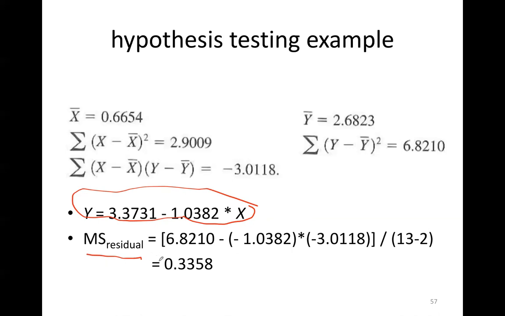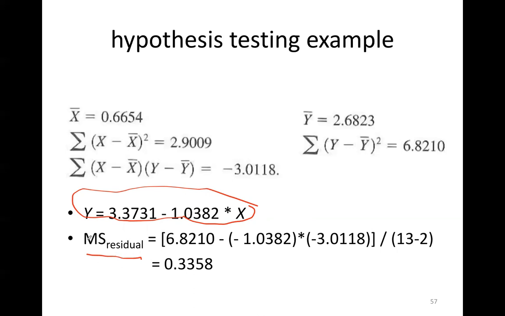If all the data are on the regression line, residual mean squares will be 0, right? If all the data are on the line, then the predicted values and observed values are the same. The residuals are 0, so residual mean squares will be 0. The larger the residual mean squares, the worse the data fit the regression line.